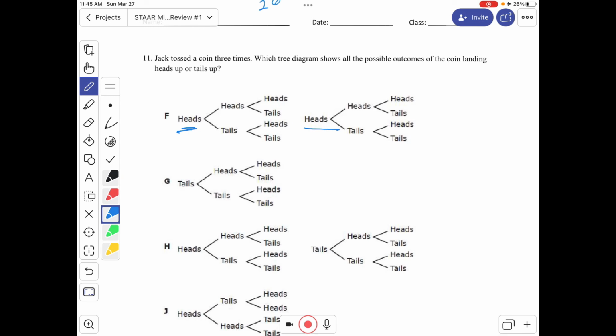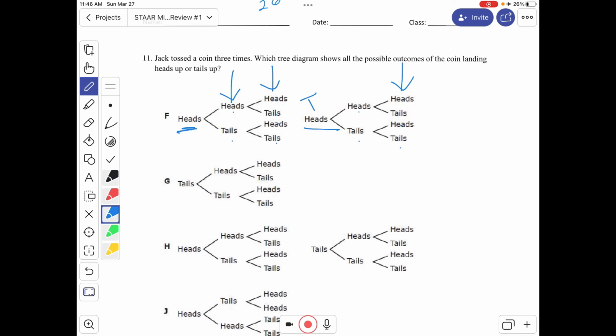No. It would be heads or tails. Then the second time, he would either need to get heads or tails. And then the third time, he would need to get heads or tails.